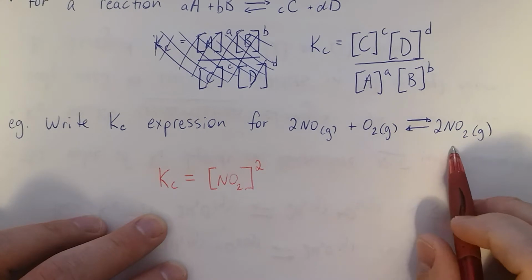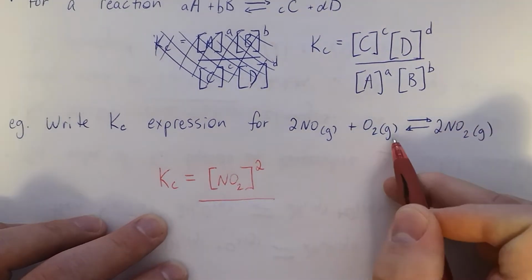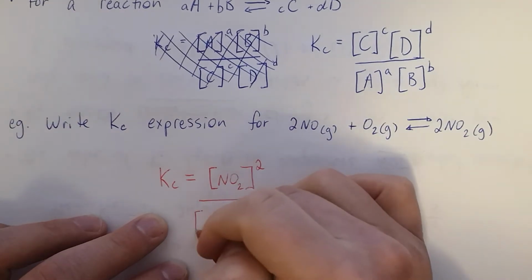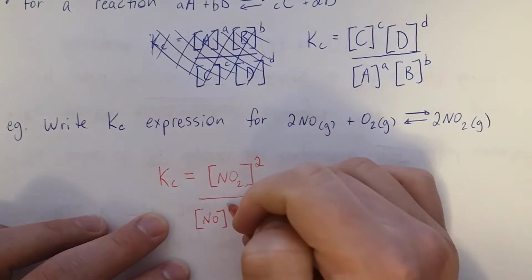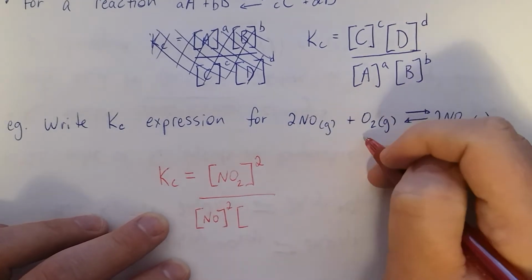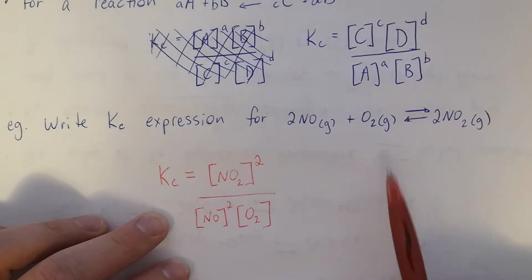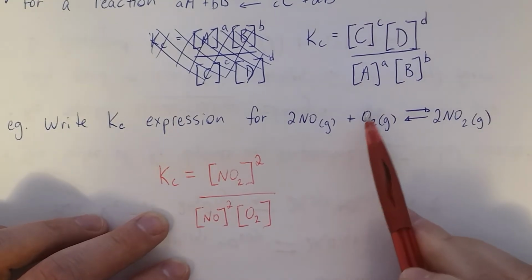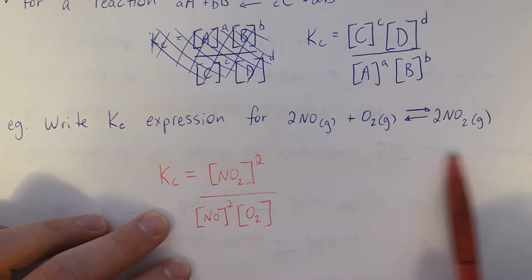There's only one product, so I only include one thing in my expression. The reactants go in the denominator. So it's the concentration of nitrogen monoxide squared times the concentration of oxygen gas. No exponent there because the coefficient is 1. That's what Kc looks like for this system.